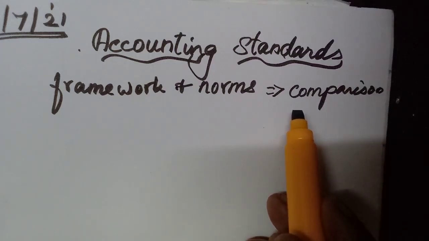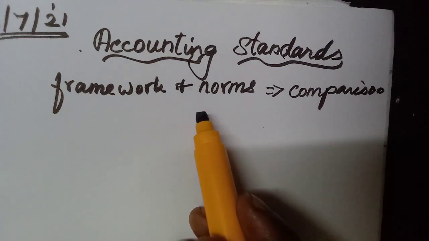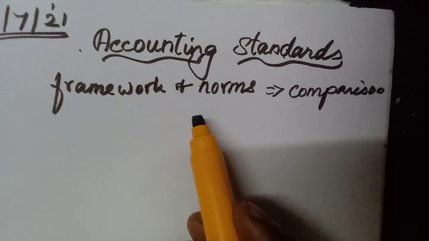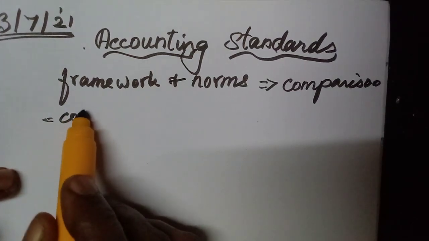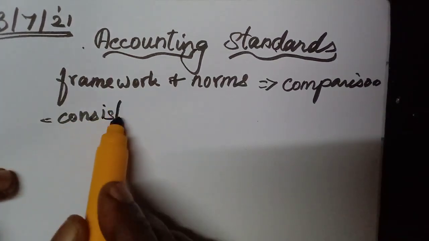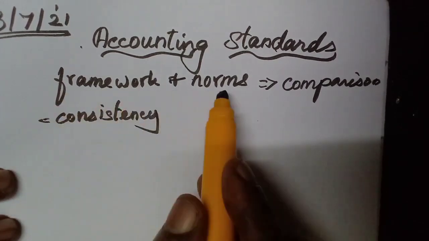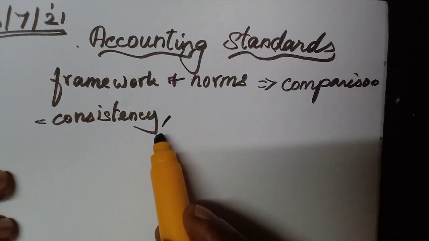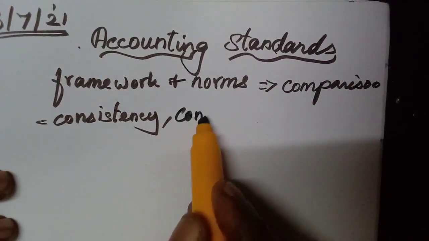Because if we follow this framework and norms universally by all accountants of the whole world, then we can have the consistency. That means permanently we will follow the same principles. Same framework, same norms, same standards will be followed. So there will be consistency and comparability.